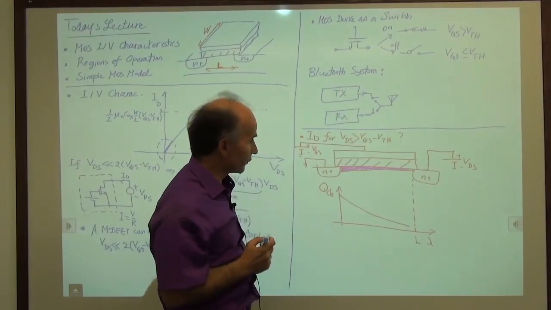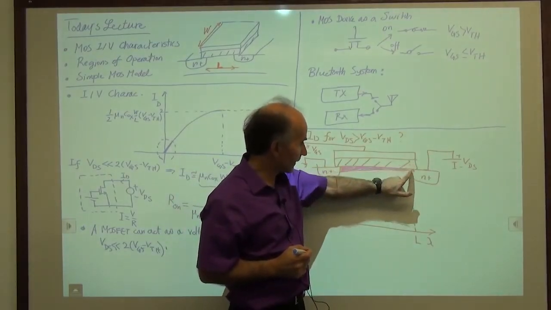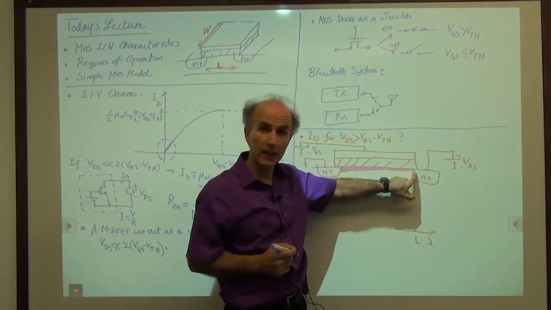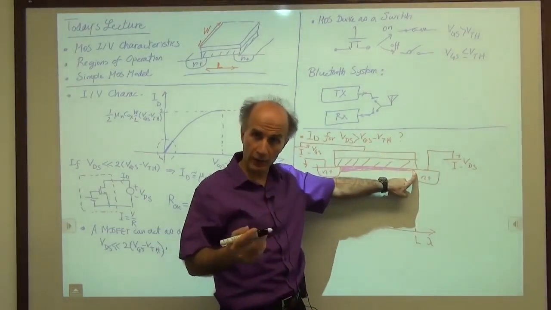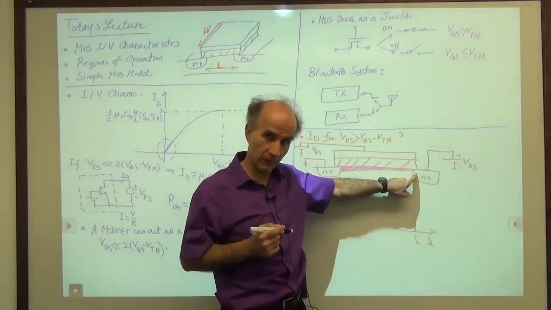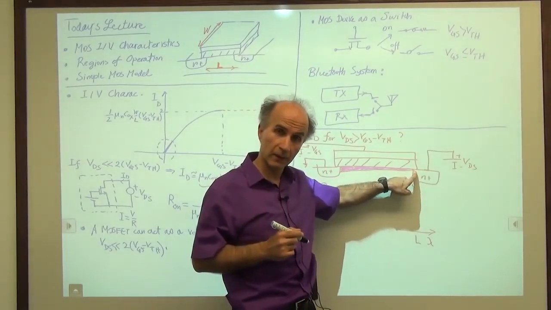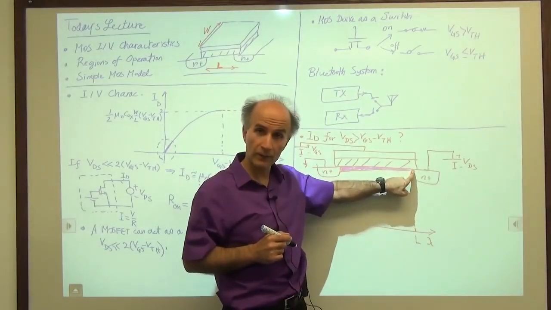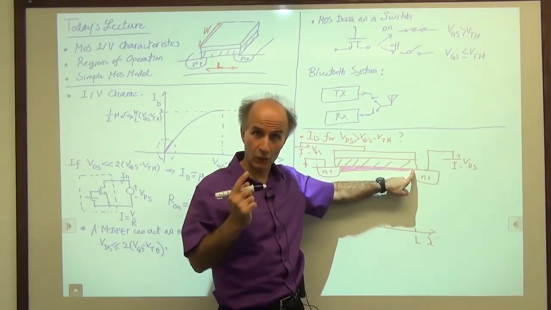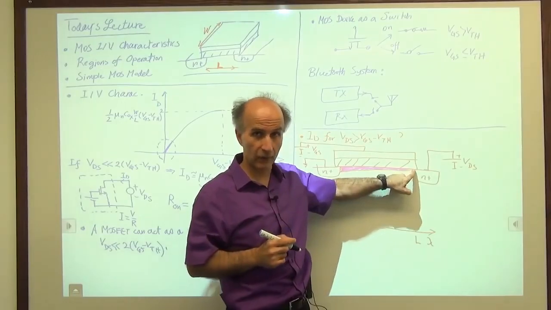Well, the charge density can drop to 0 if the voltage difference between this plate and this plate at this point is not enough to create electrons, to attract electrons to this interface here. And we know what that condition would be. The condition is that this voltage minus this voltage should be at least VTH, one threshold. If it's less than VTH, then we cannot have electrons here.